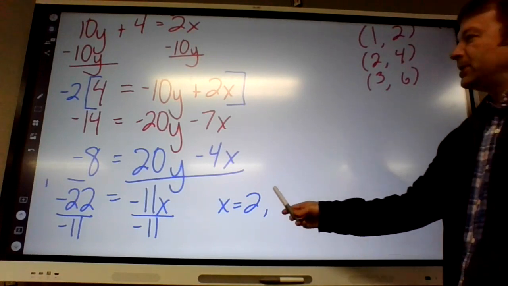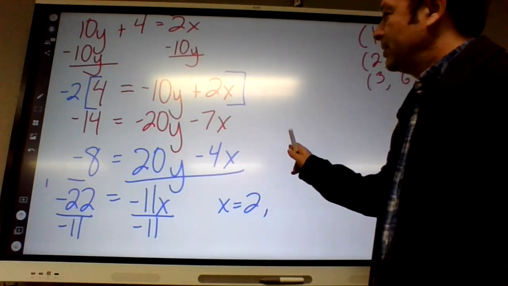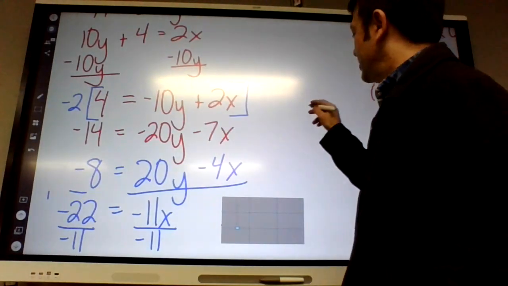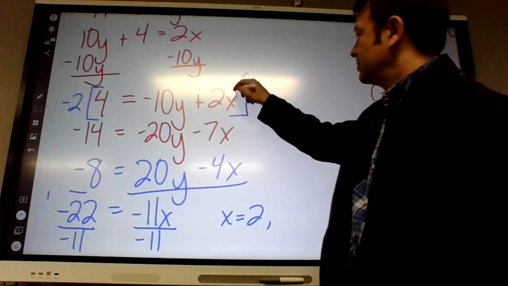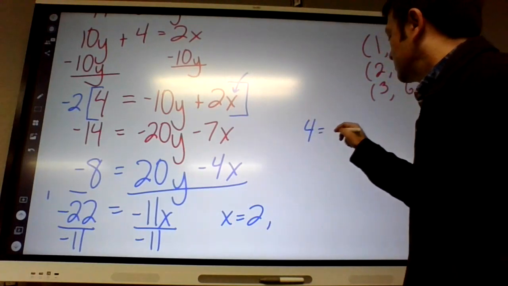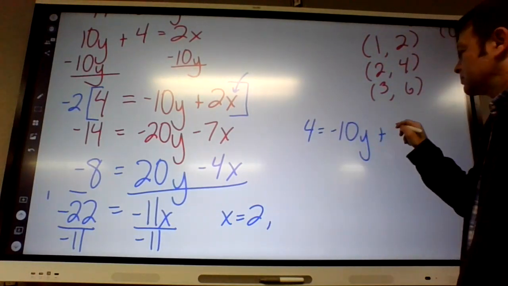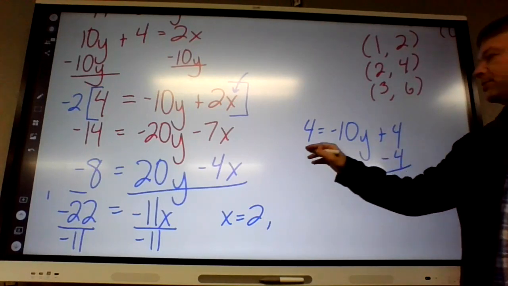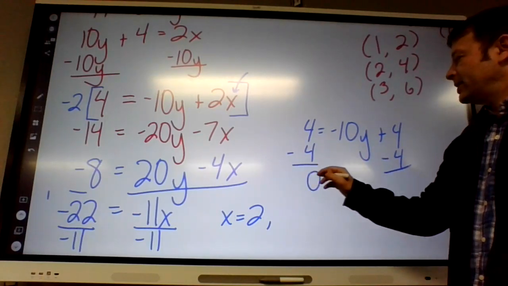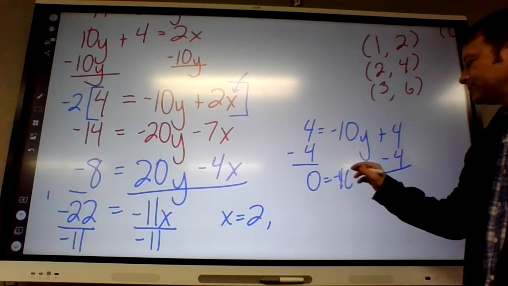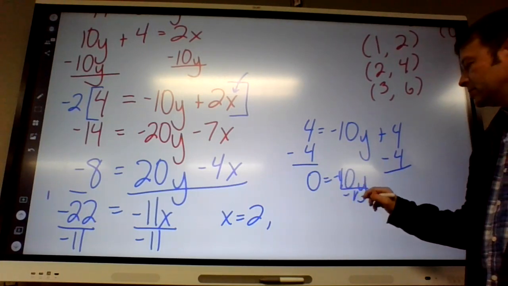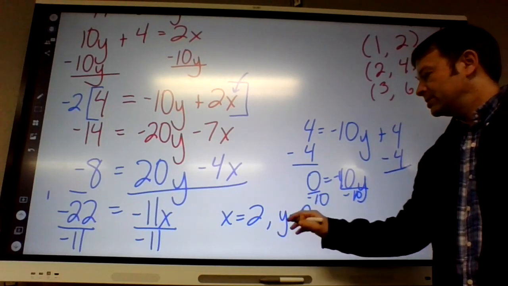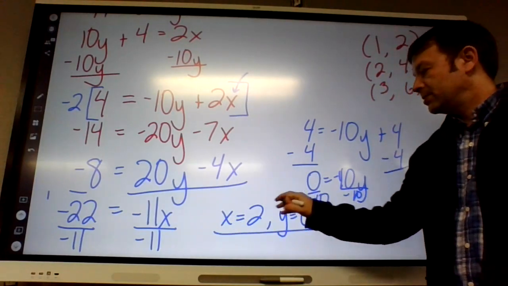Okay, so I'm going to plug 2 somewhere, maybe right here. 4 equals negative 10y plus 4. When I subtract 4, I get negative 10y equals 0. So divide by negative 10, y is 0.